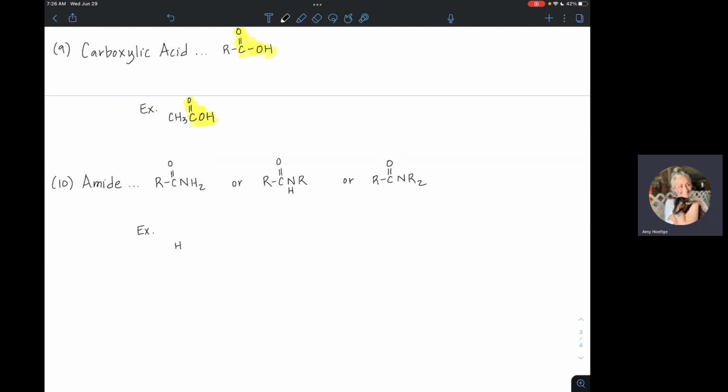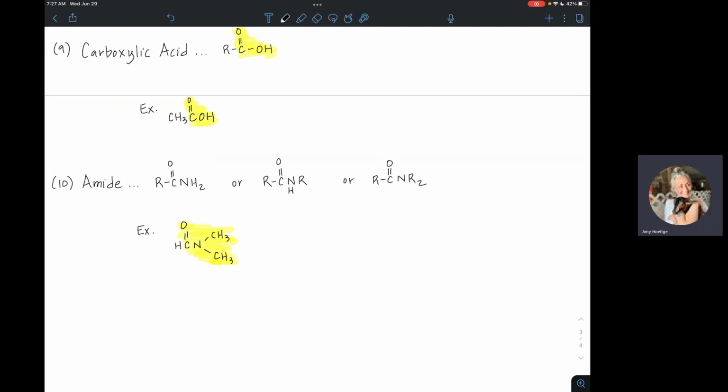So this right here, you may have heard of this before. This is dimethyl formamide. That's the common name for this. DMF is a pretty typical solvent that we use in organic chemistry. So that's an example of an amide.